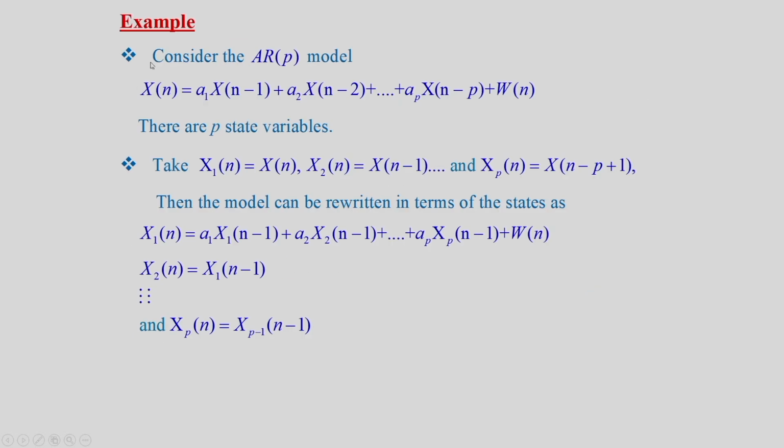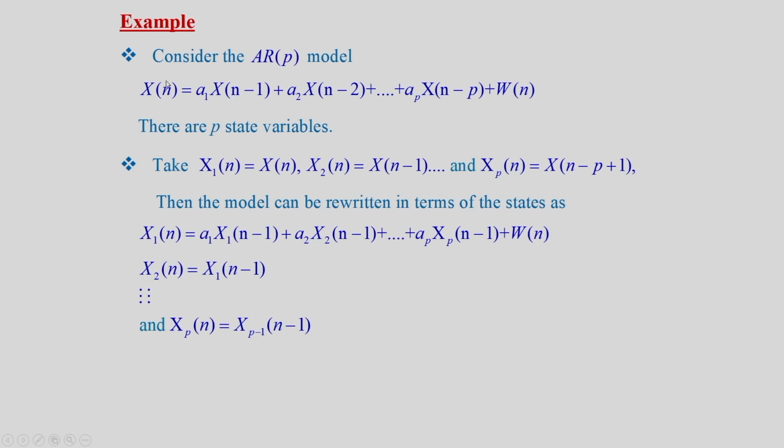We will consider one example. Consider the AR(p) model. So, here Xn is equal to A1 times Xn minus 1 plus A2 times Xn minus 2 plus up to AP times Xn minus P plus Wn. So, this is the pth order autoregressive model, where Wn is the white noise.